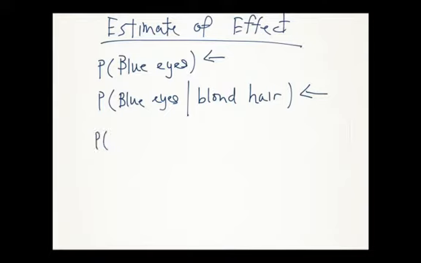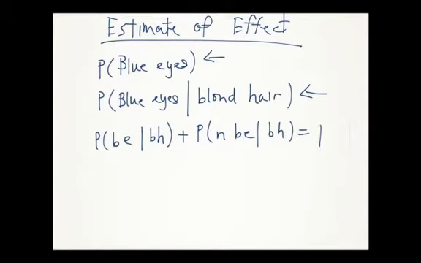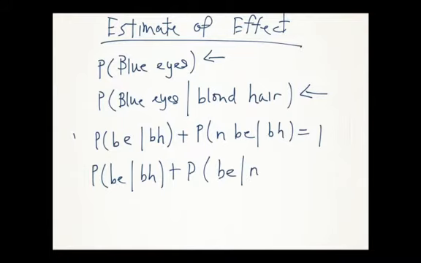The probability, I'm just going to write it in shorthand. Blue eyes, so BE, given blonde hair, plus the probability of not blue eyes given blonde hair equals 1, or the probability of blue eyes given blonde hair plus the probability of blue eyes given not blonde hair.